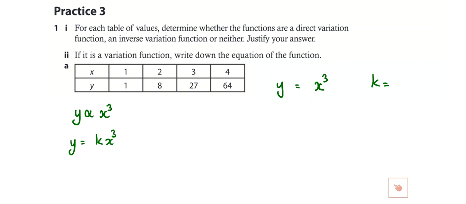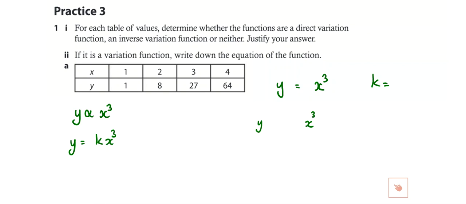Well, look at it. If I take x and I cube it, I get 1. 2 cubed, 8. 3 cubed, right? So if I write that down, look, if I put y and x, so what is y, what is x cubed?